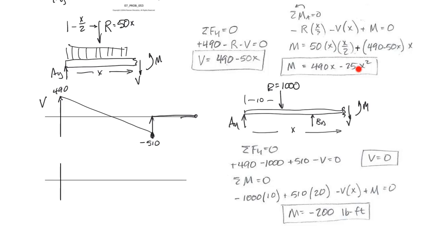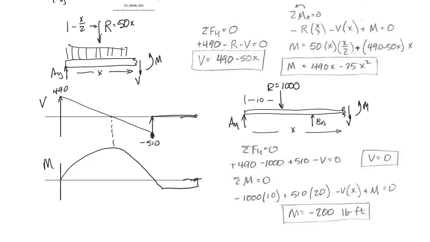It goes up, and then where x is equal to 20, it has a value of negative 200. So I'm just going to draw it in here, and you can, for your own benefit, see what it does. It looks like something like that. And then between B and C, it stays at negative 200 until it gets to the end of the beam. What we'll find is that where the shear crosses 0, the moment is the maximum.